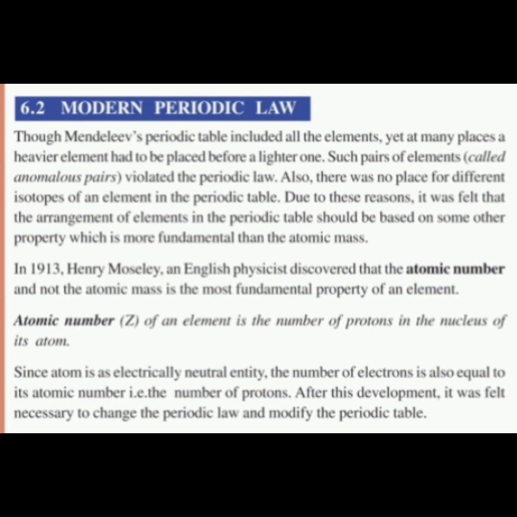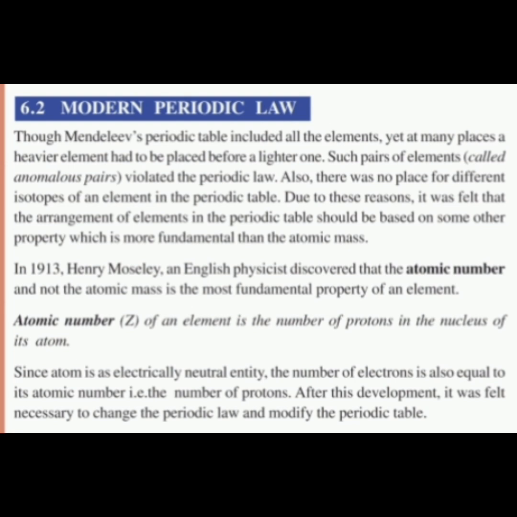Due to these reasons, it was felt that the arrangement of elements in the periodic table should be based on some other property which is more fundamental than the atomic mass. So before this topic we saw that Mendeleev prepared one periodic table, but there were a lot of disadvantages and incompleteness in it. In some places, the heavier element had been placed before the lighter element.